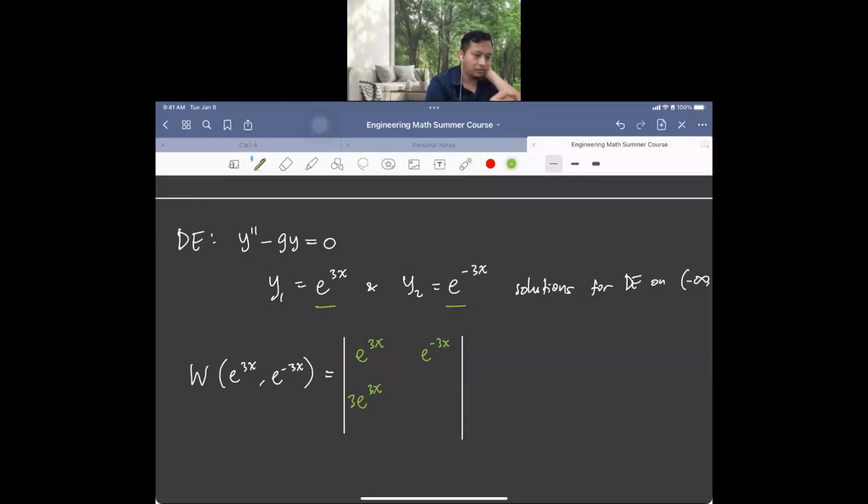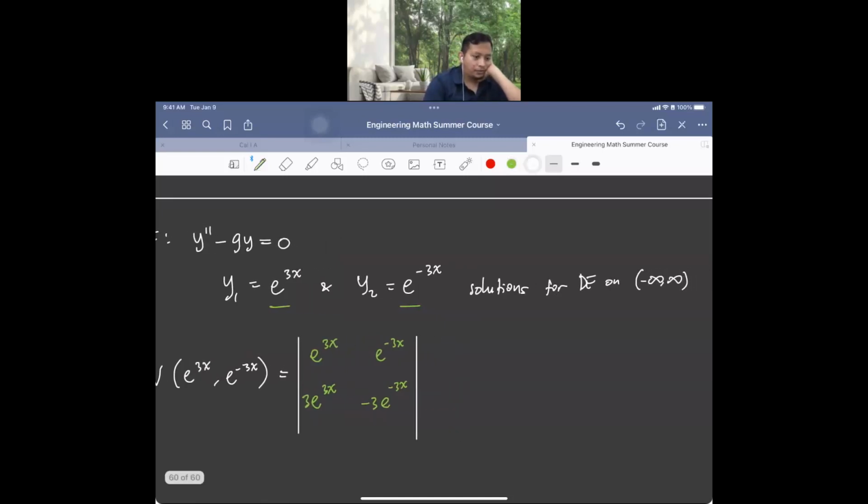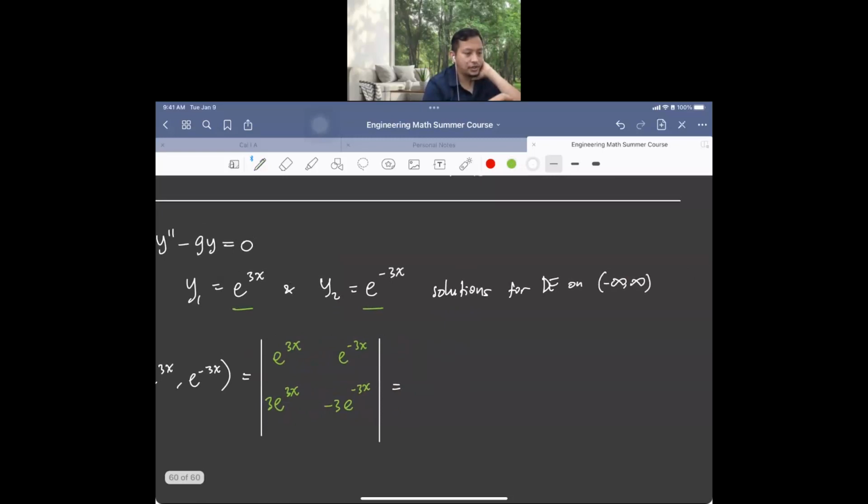So 3e^(3x), negative 3e^(-3x). And then we construct the determinant, multiply and subtract, and then minus 3, right?